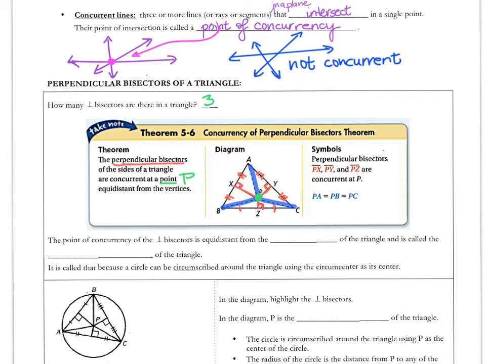If you look at one of these triangles, say this triangle right here, and draw in the perpendicular bisector of that segment, then any point that lies on that perpendicular bisector, in particular point P here, has the same distance to each endpoint of the segment. So P is equidistant from A and from B.